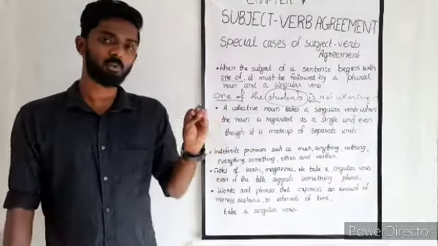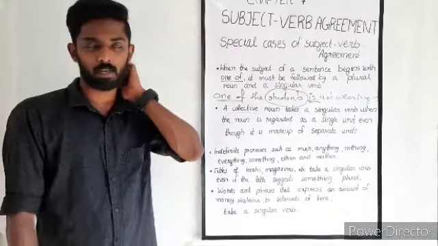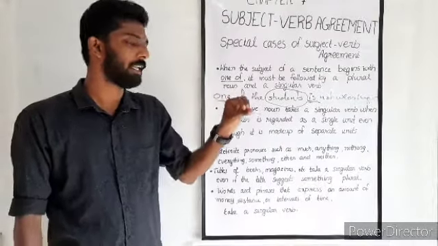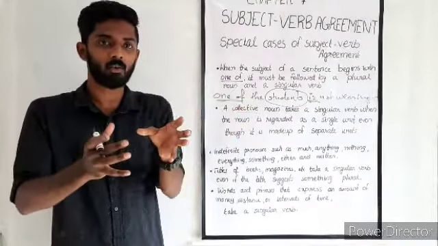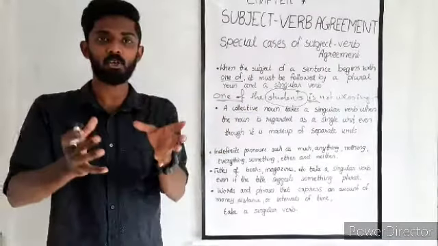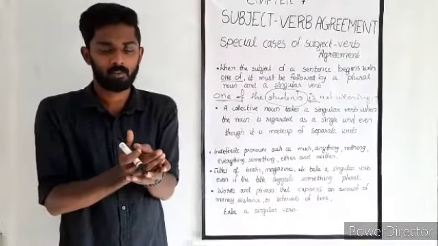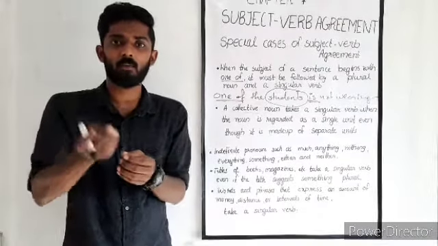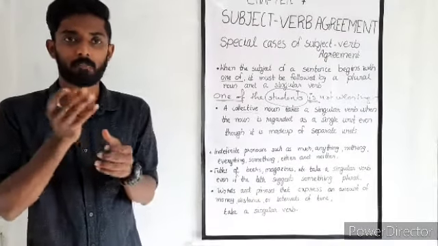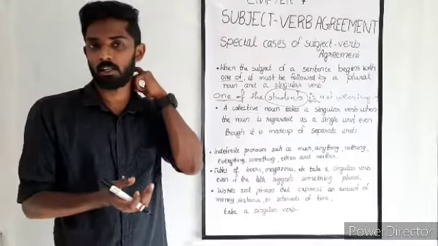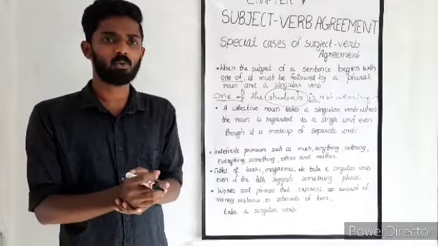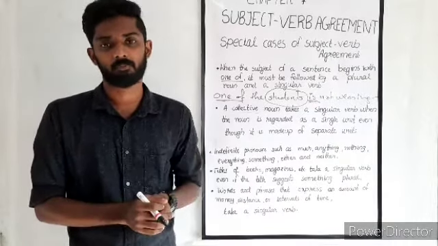There is also one thing which we have to keep in mind: when we speak about the different units of a collective noun, what will happen? A collective noun takes a plural verb when the units of the noun are regarded separately or individually. For example, a team of players are unable to hold on to their opponent.